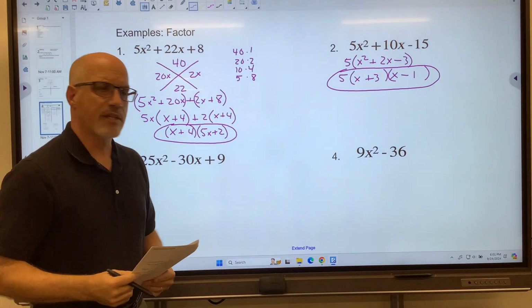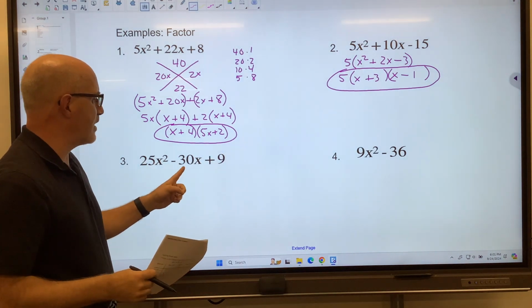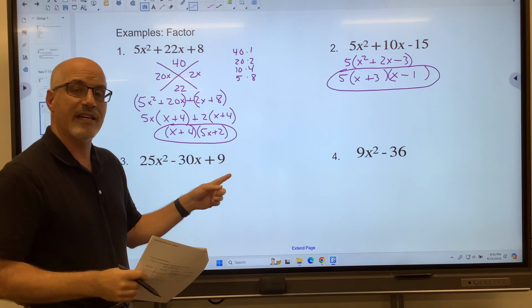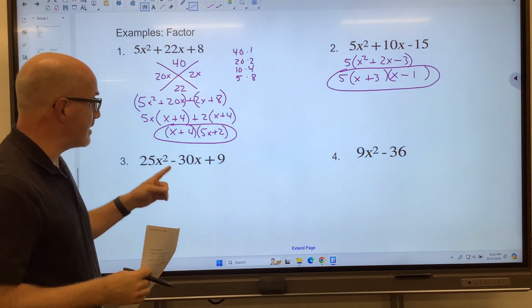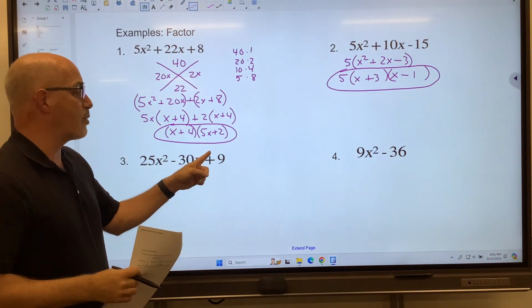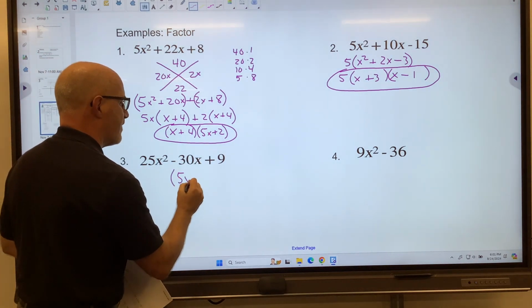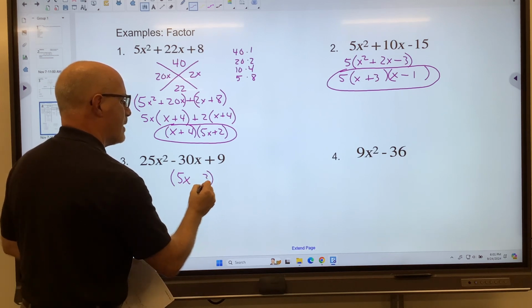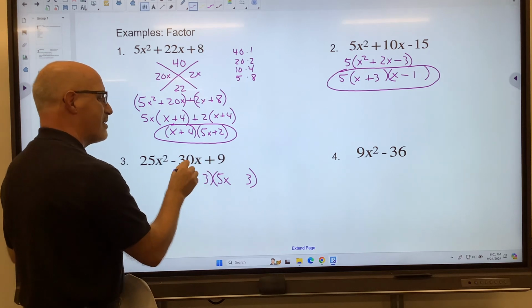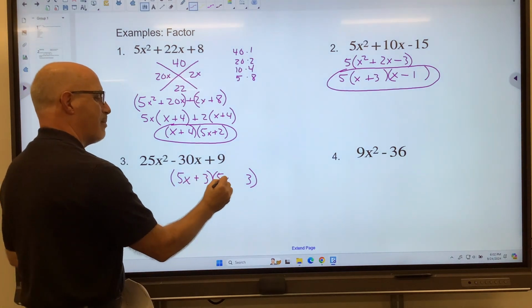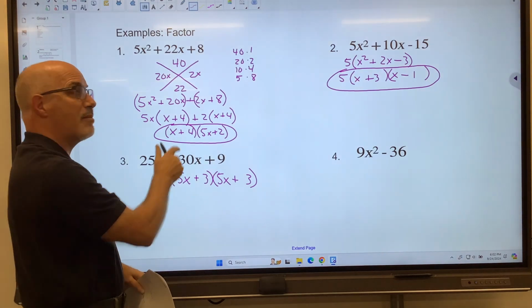Now let's go ahead down to this one. Look for a common factor in everything. Notice 25, 30, they have a common factor of 5, but 9 doesn't share that. Now if you want a shortcut, you go ahead and look to see, hey, this is a perfect square, that's a perfect square. Let's see if this factors into 5x, and we're going to have a 3 here, and 5x and a 3 here. Now notice this could either be a plus and a plus, but that would not give me a negative in the middle term.